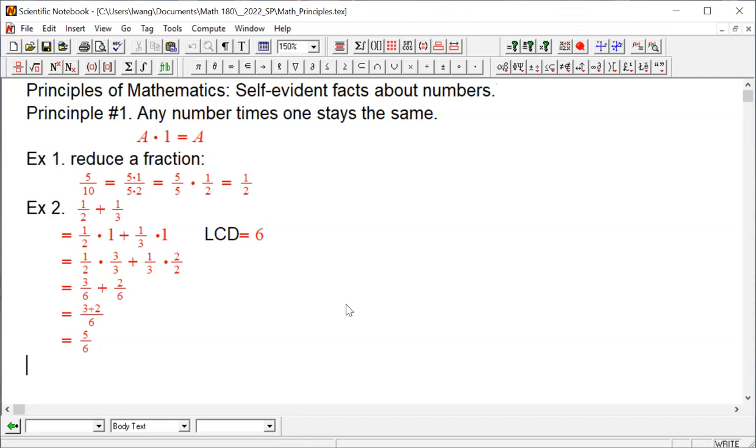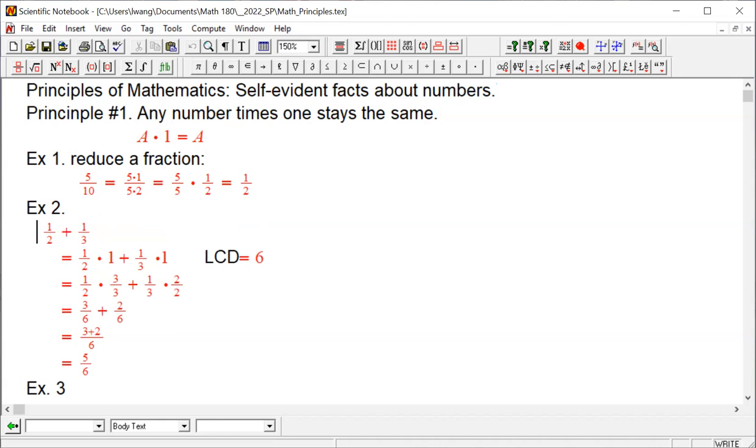Now, the third example I'd like to give you of when this principle is used is rationalization. So the first case, we reduce a fraction. The second case, we use this to make a common denominator.